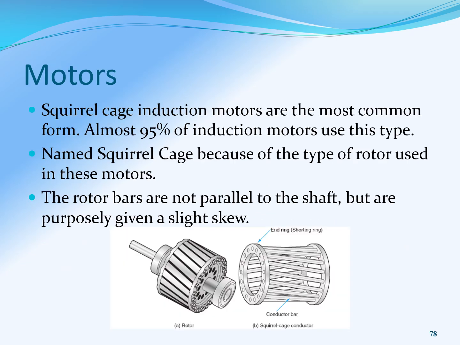First, let's talk about the squirrel cage induction motor. This is the most common type used in our industry. As you can tell by the design of this cage, it looks like a squirrel cage. The rotor bars are not parallel to the shaft.